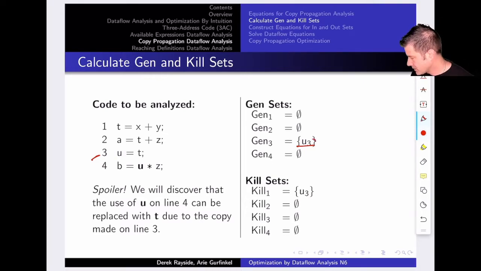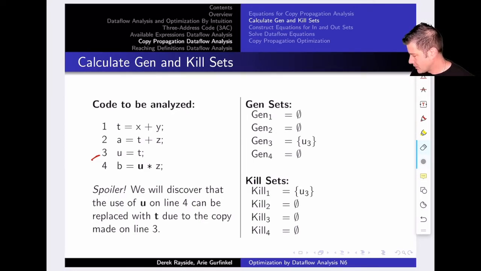And so we're going to use a line number to indicate which particular assignment it is. So we know that at statement 3, we create a copy, which is a copy of something. We don't record what. We know from the program that this is of t. And because there could be multiple assignments of u, we remember that this is u on line 3.